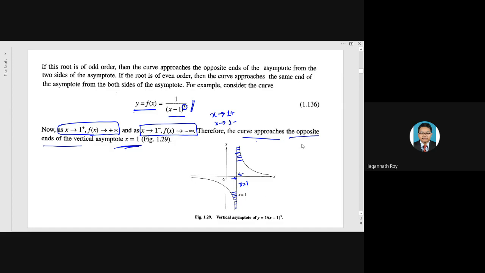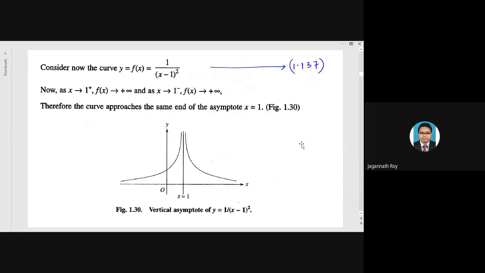Now if we have a square term instead, then they will reach in the same direction. If you go in the positive direction, from the right hand side limit and the left hand side limit, in both cases f(x) will converge to positive infinity.